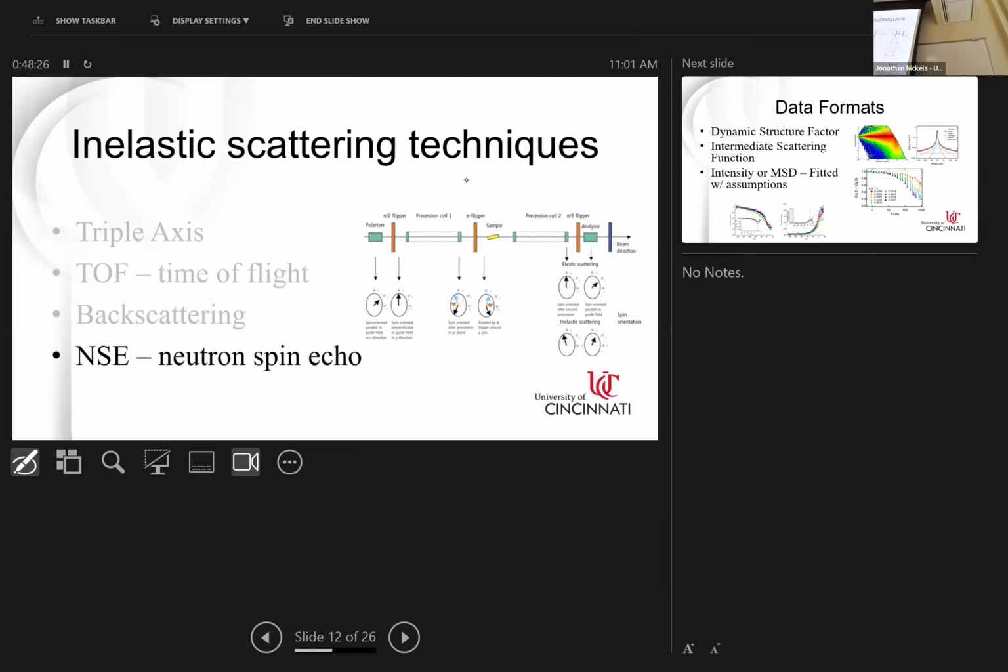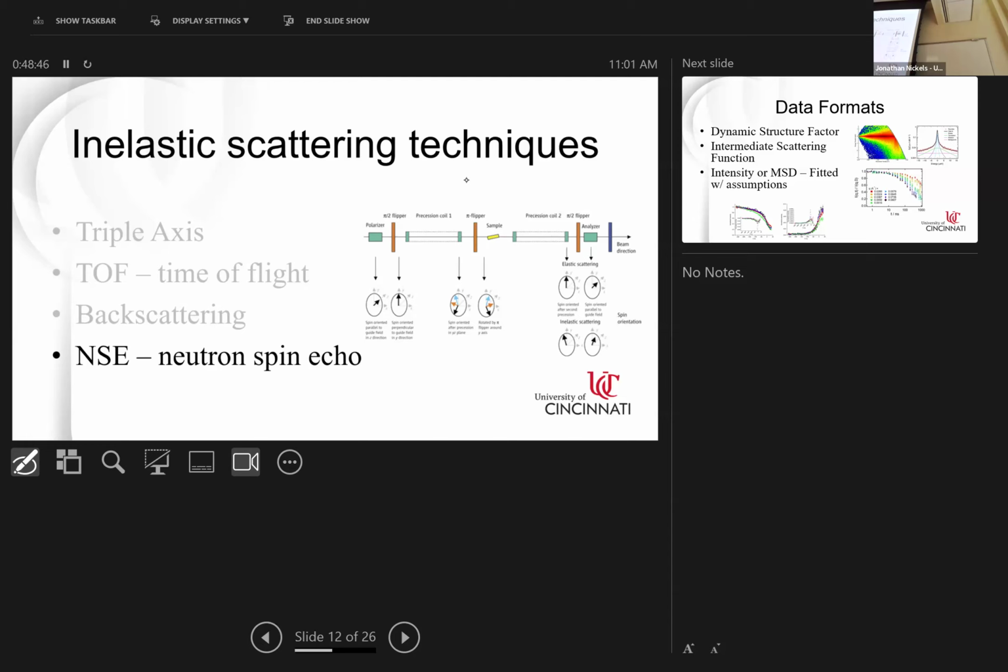The peculiarity of that is that in spin echo, it's just up or down. But you can gain as much momentum as you could ever want, so on one side of your spectrum it can go to infinity, essentially. On the loss side, though, I can only lose as much momentum from my incoming neutron as I have. If it goes to a dead stop, that's as far as I get.